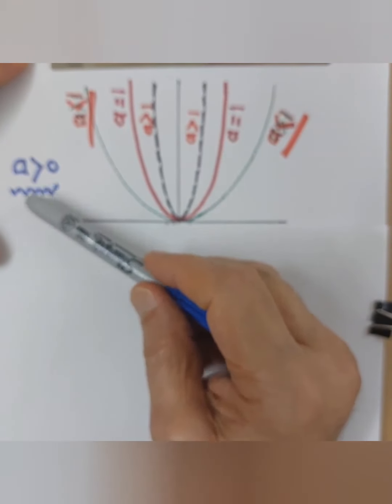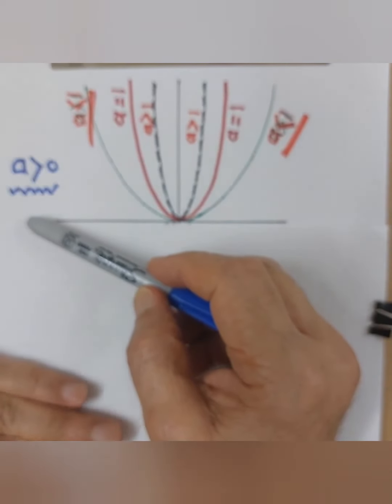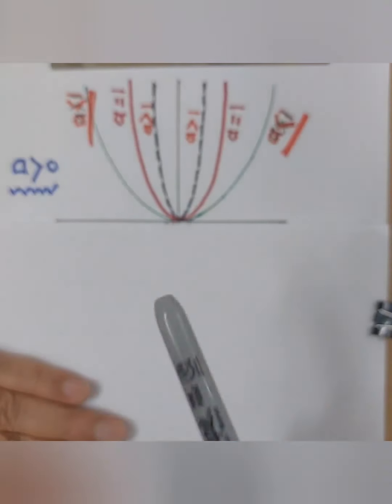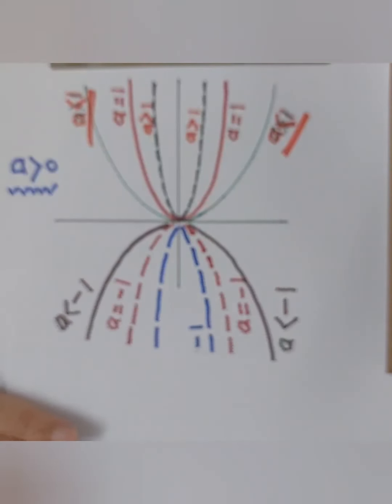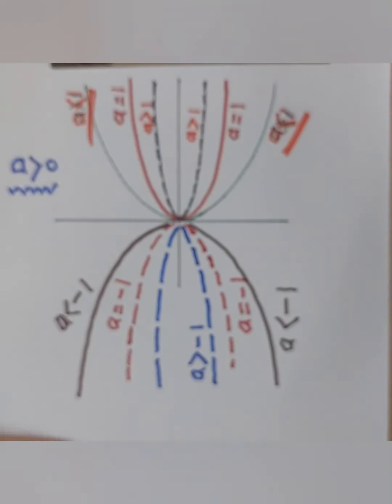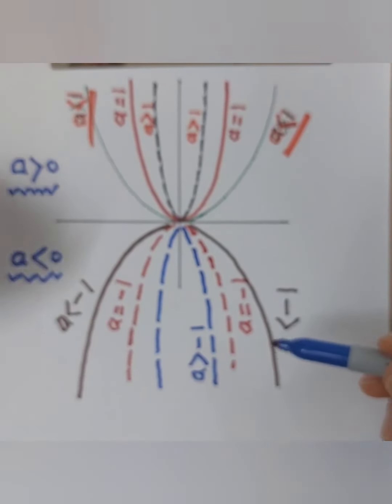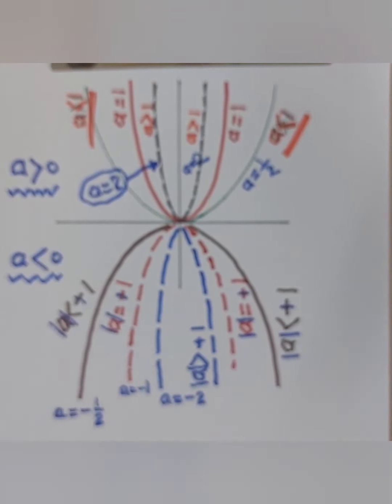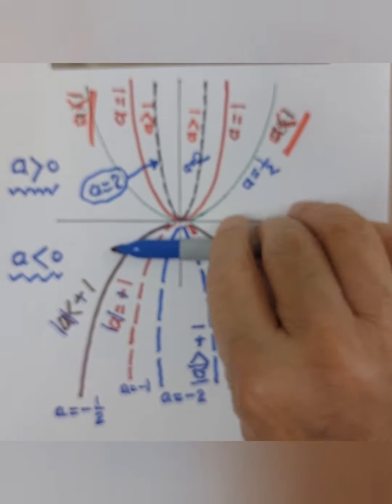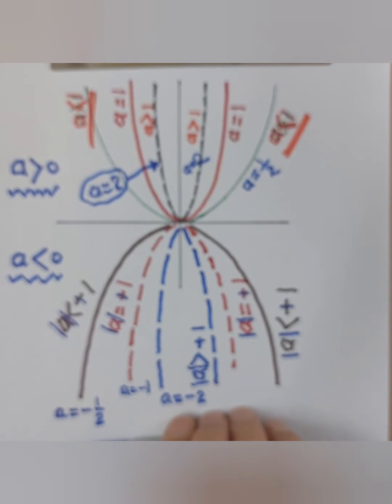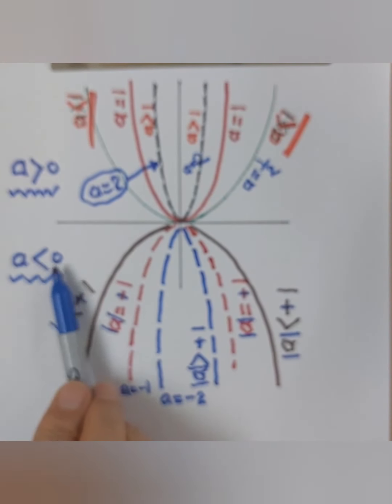Let us see now when a is negative. When a is negative, we get the same notice, but the shape will be open downward, like this shape here. When a is negative, you see it opens downward.